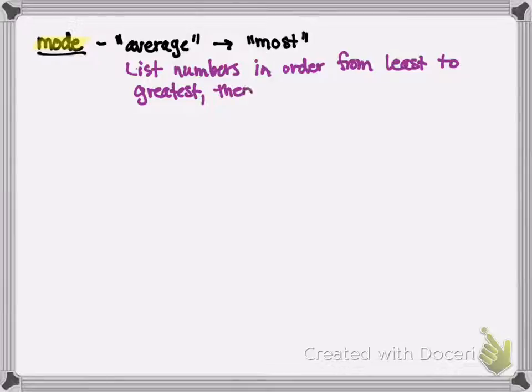Then find the number, and I'm going to put a parentheses here, because it can be more than one mode. The number of numbers that shows up most.